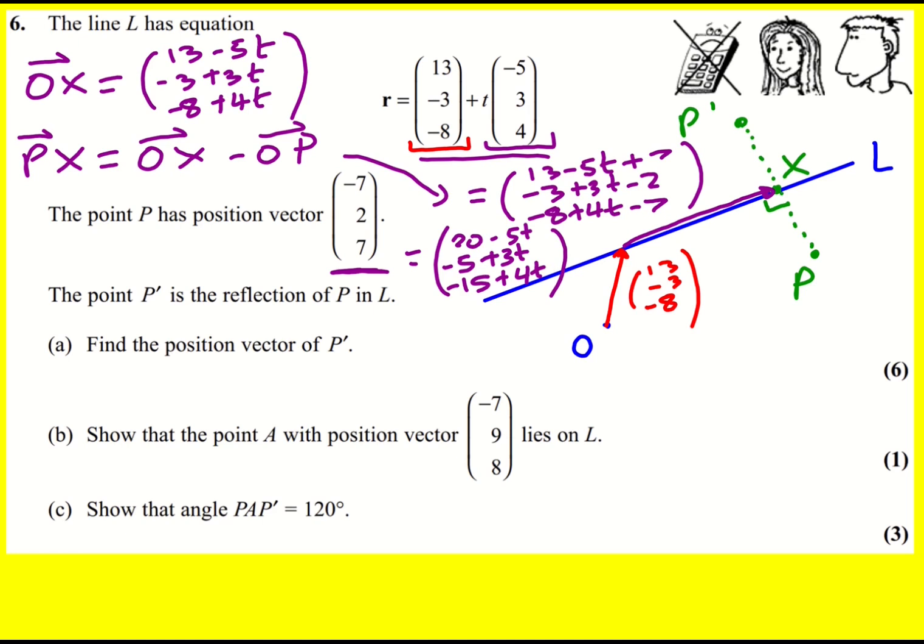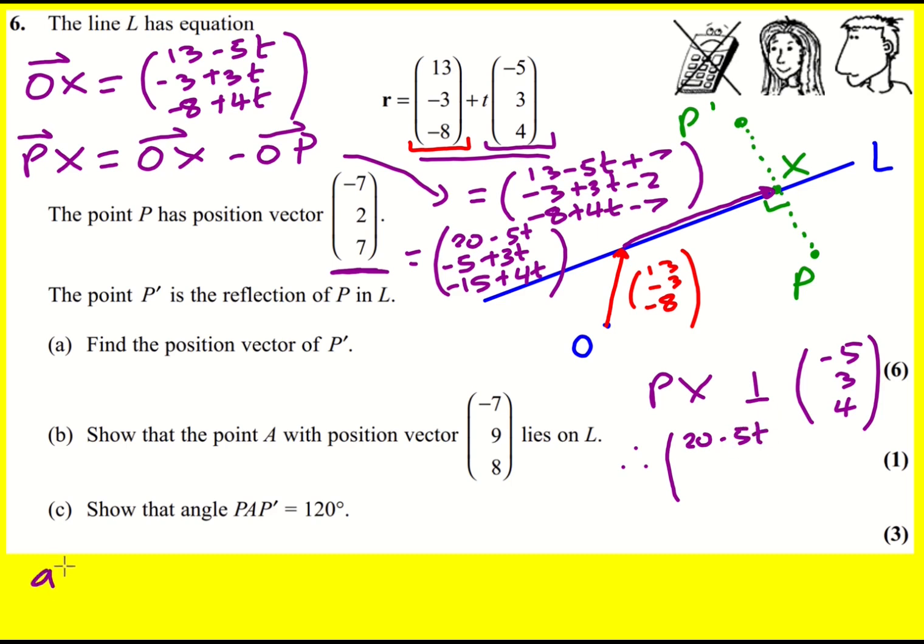That is PX. Now PX is going to be perpendicular to the direction vector minus 5, 3, 4. And therefore, if we take the dot product between the two, we're going to get 0.